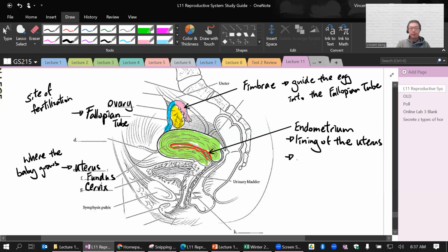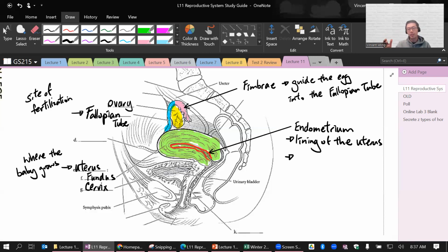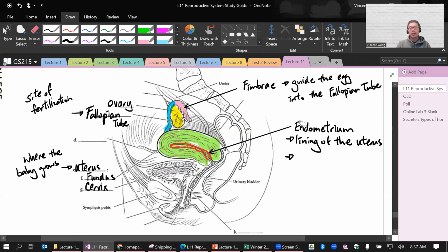And it's lined with blood vessels, which will support the growth of the baby when there is a pregnancy. When there's no pregnancy, then on a roughly monthly basis, it will grow in anticipation of pregnancy. It will get thicker and thicker and thicker. And then if there's no pregnancy, then all the new blood vessels that are formed will shed, right? And then that's the period, right?